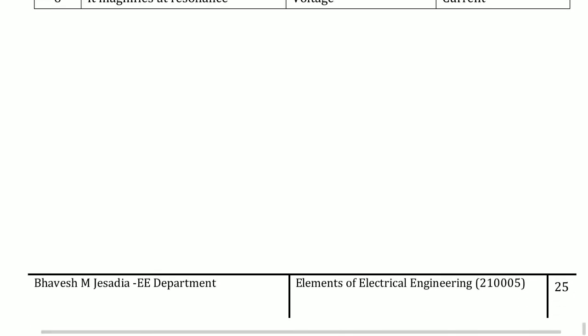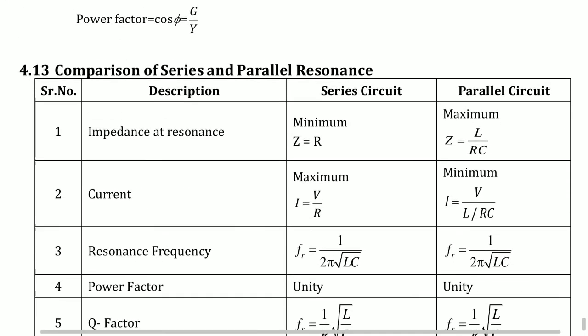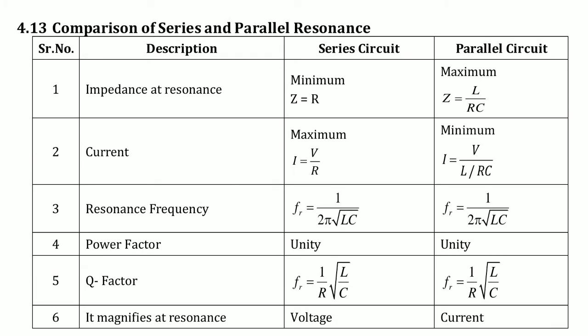We will see what happens in the comparison of series and parallel resonance. First, take serial numbers 1, 2, 3, 4, 5, 6, and so on, with the description, series circuit first and then parallel circuit.